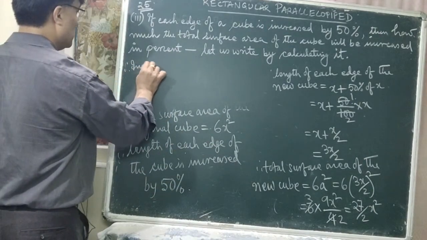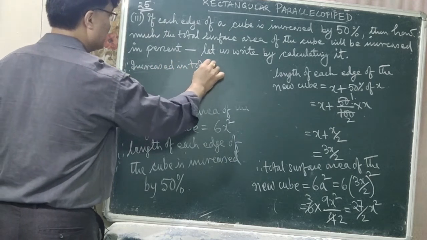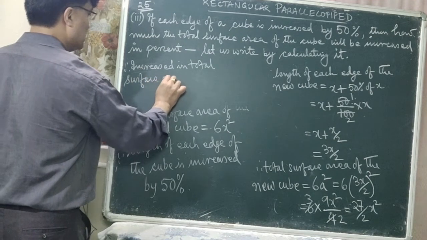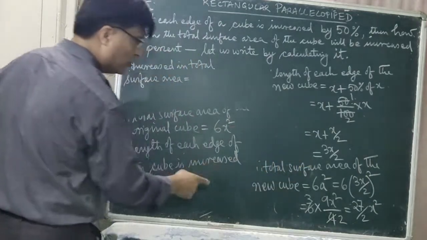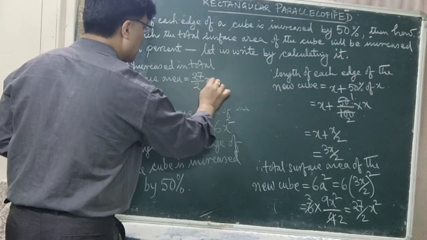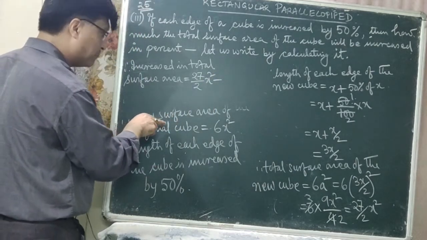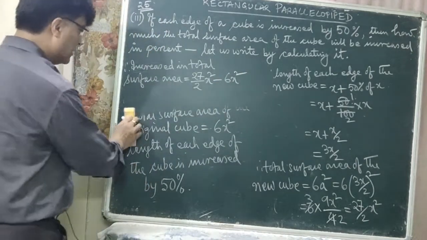Therefore increased in total surface area is equal to, so new total surface area is 27 by 2x square. From this the original total surface area should be subtracted. Okay, so how much do we subtract? 6x square. Is that clear?